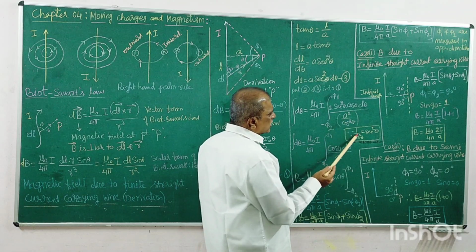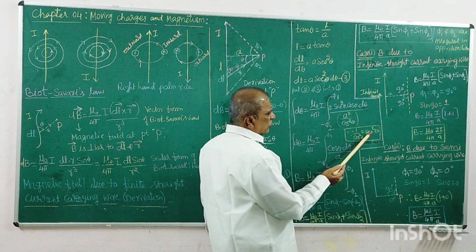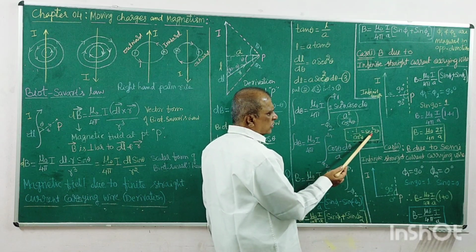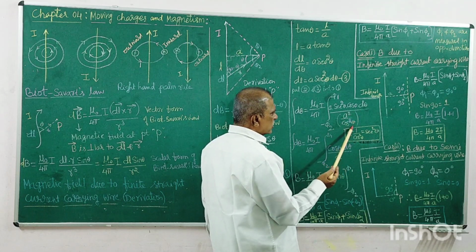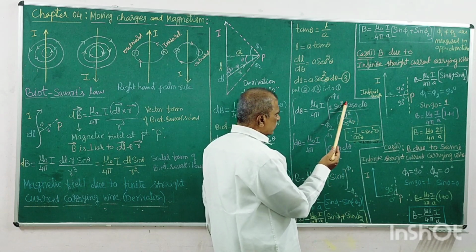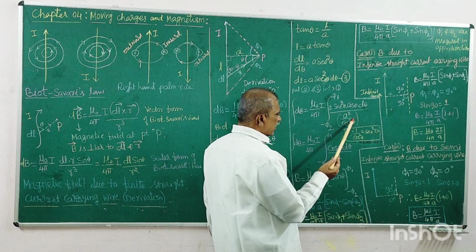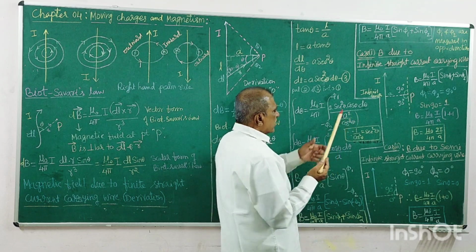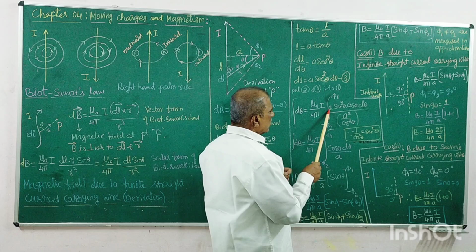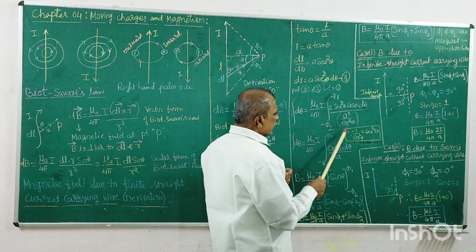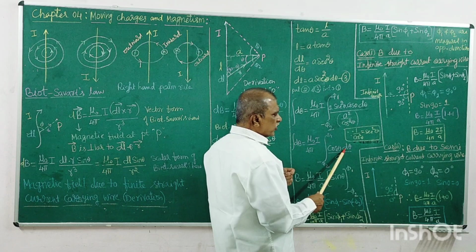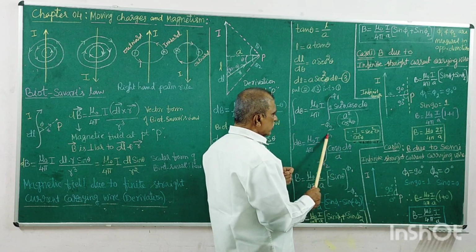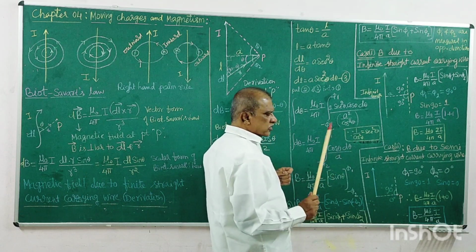You know 1 by cos theta is secant theta, and 1 by cos square theta is equal to secant square theta. This secant square theta in the numerator and denominator gets cancelled. a square is there and a is there, so one a gets cancelled, one a remains in the denominator, and cos theta d theta remains in the numerator. Integration is not yet done.